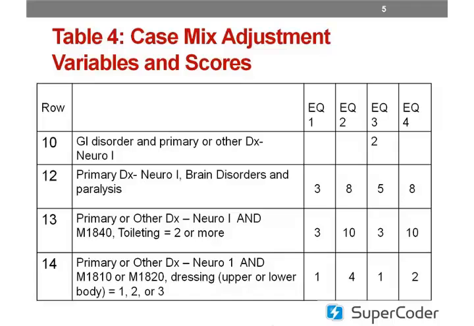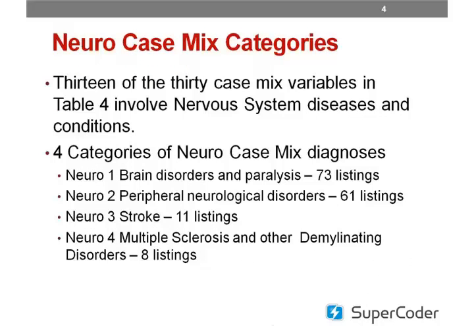And when you consider the seriousness and often long-standing effects of neurological conditions that affect the brain and spinal cord, it is really not surprising that the Neuro 1 codes have become the largest list of case mix diagnosis in the neuro categories.